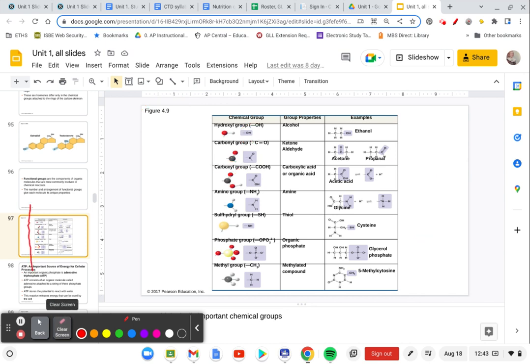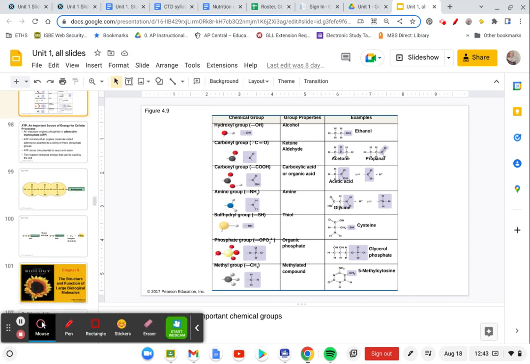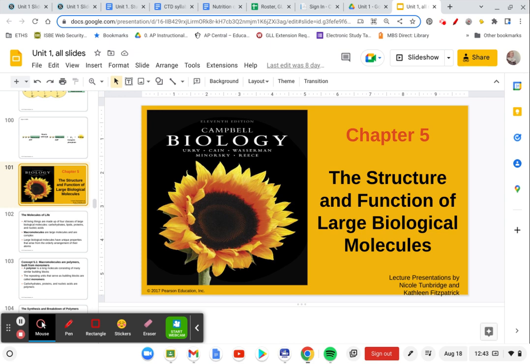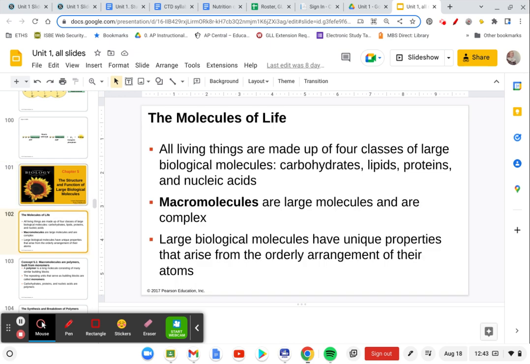Like I said, I'm going to let you look at the rest of chapter 4, and I'm going to move right into chapter 5, which is really a big portion of this unit, as well as water that we've already discussed. First of all, there's lots of molecules that are big, and they're called macromolecules.